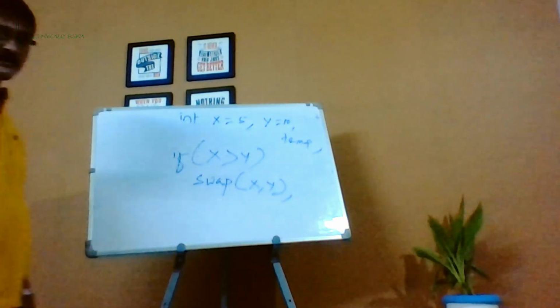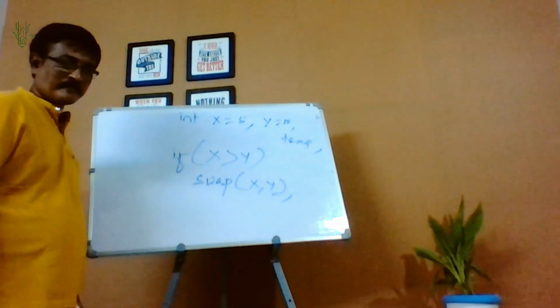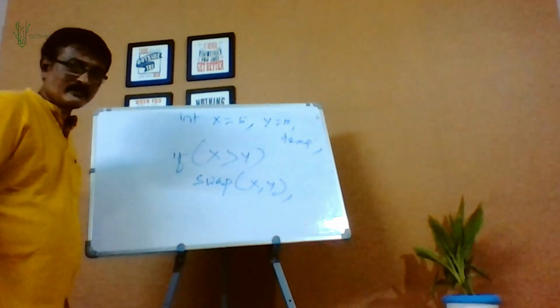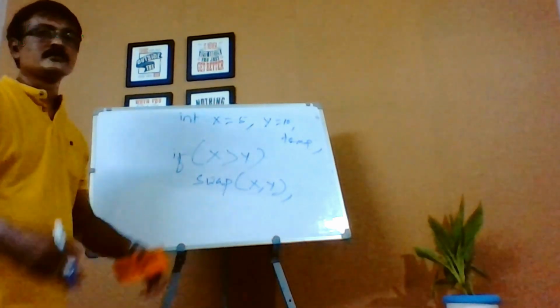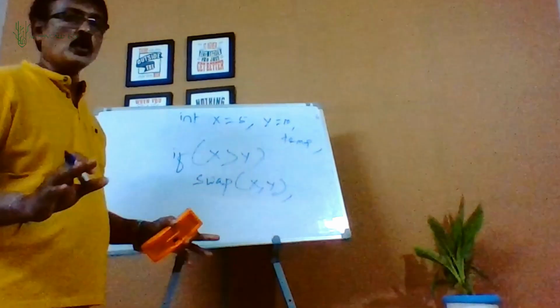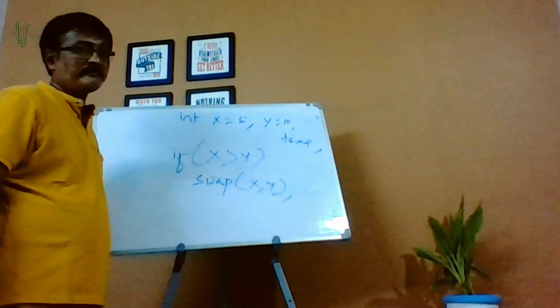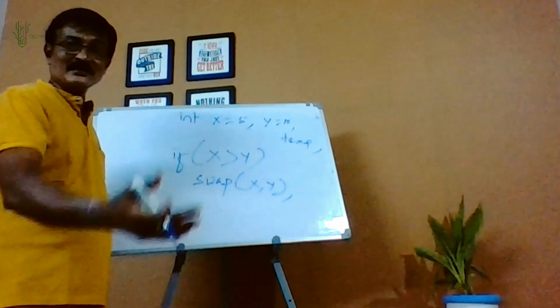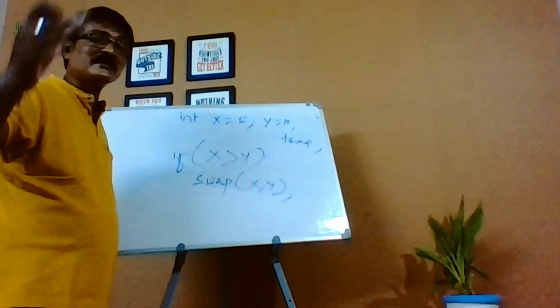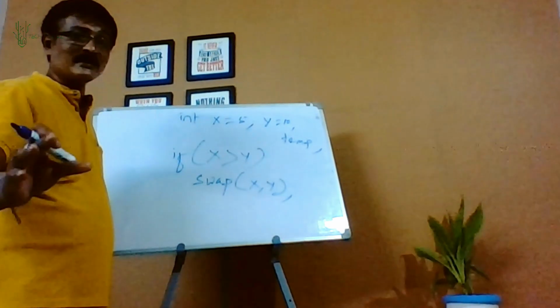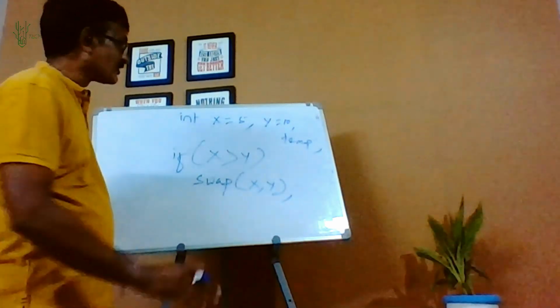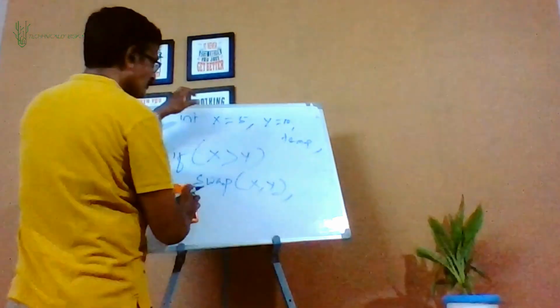Think of the answer to this. What will happen? Will it swap? The instant answer is no, it will not swap, simply because x is not greater than y. Wait. We already talked about this. We said, first of all, expand. So what should I do?